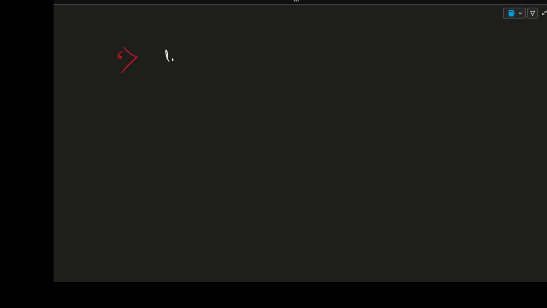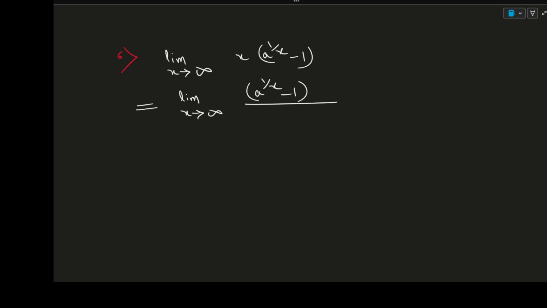That is the limit as x tends to infinity of x into (e to the power 1 by x minus 1). So the limit as x tends to infinity, it will be e to the power 1 by x minus 1 divided by, I'm taking the x to the denominator, 1 by x.